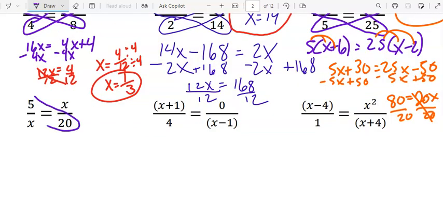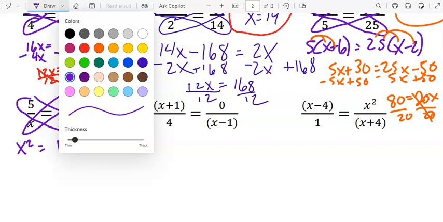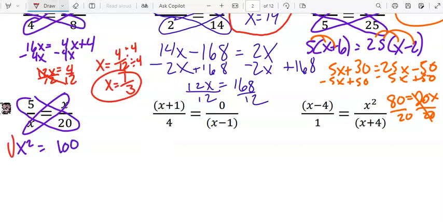Alright, let's cross multiply the next one. We have x squared equals 5 times 20, which is 100. To get rid of a square, we're going to square root each side. x equals plus or minus 10.